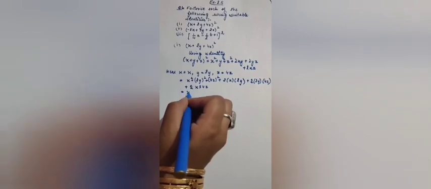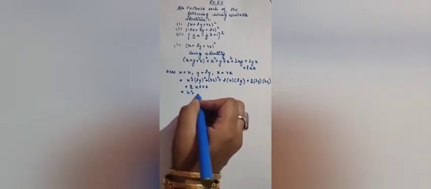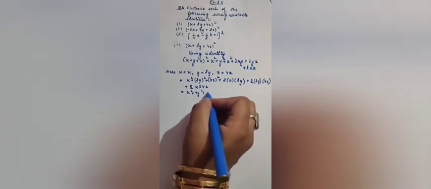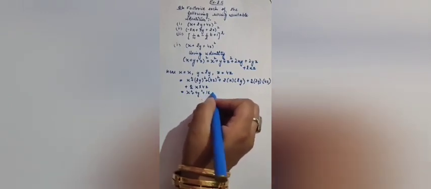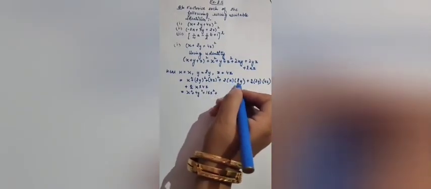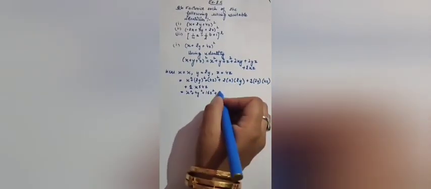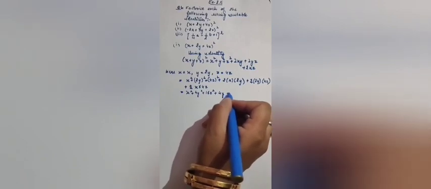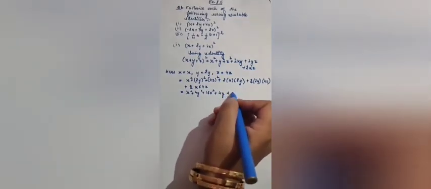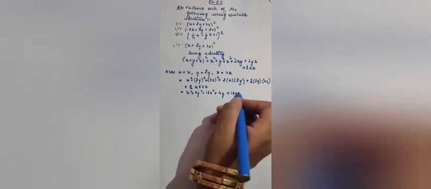So x² will be x², (2y)² will be 4y², (4z)² will be 16z². So 2 into x will be 2x, and 2x into 2y will be 4xy here. After that, 2 into 2 will be 4, 4 into 4 will be 16, and y into z will be yz, so 16yz, and at last 2 into 4 will be 8xz.